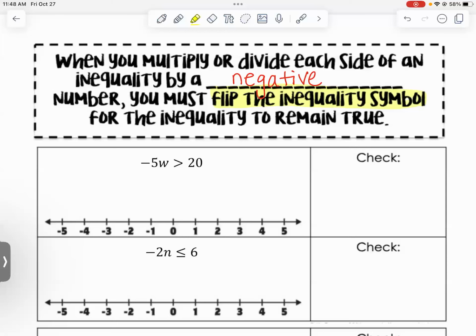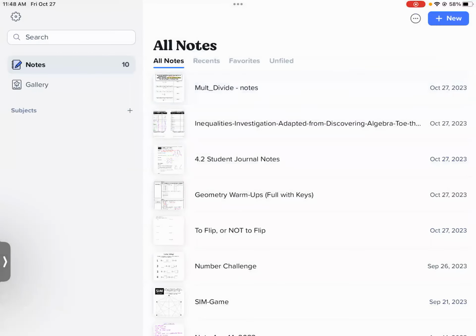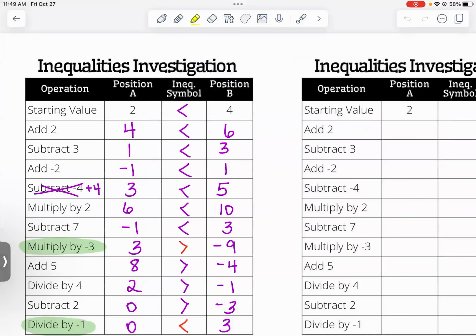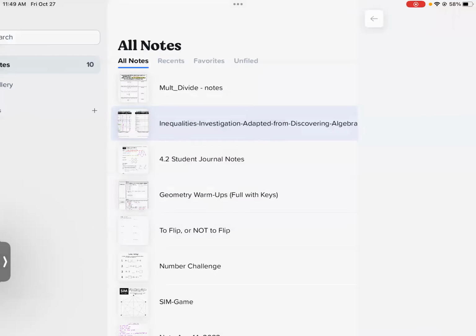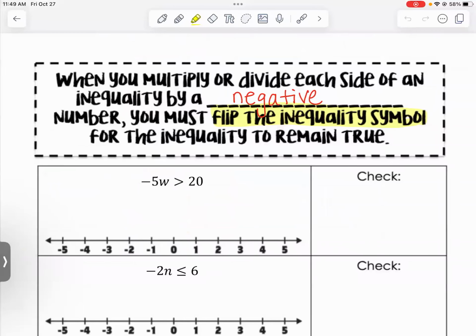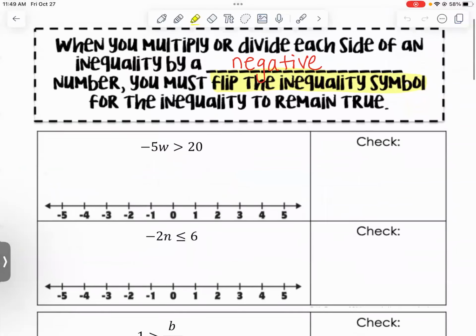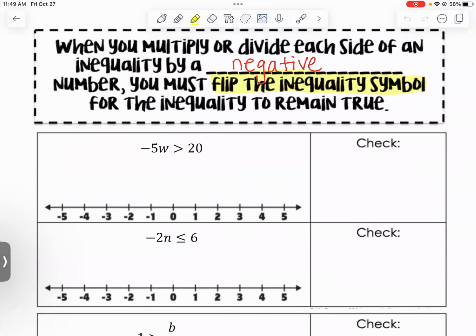We saw that we had to flip our inequality sign here when we multiplied by a -3. We had to flip it here when we divided by a -1. We are going to practice that when we get back from lunch.